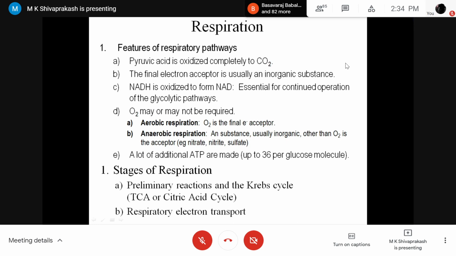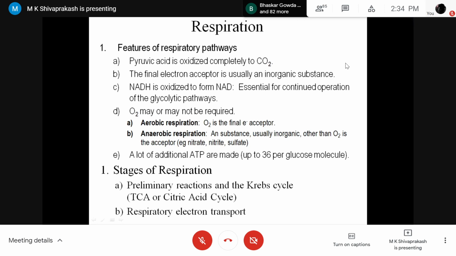The other point is that they are made use of from the external source. So if it is oxygen, you call it aerobic respiration.